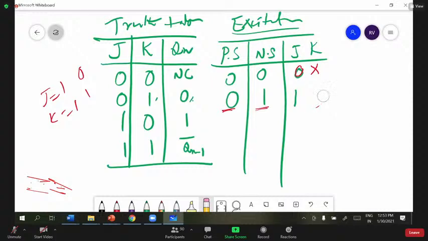This is very important, so in the exam also you should not forget. When both inputs are 1 1, we get this condition. Even K equal to 0 and J equal to 1 gives the same condition. So for that we can place don't care. Similarly, 1 0.